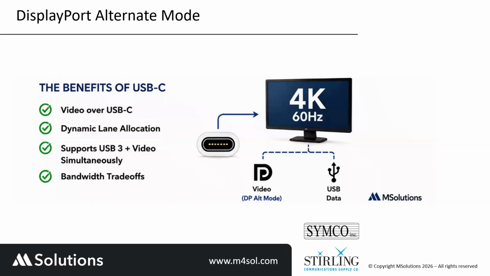This is not something where we can say the unit will be fixed only for high-speed data, or fixed only for high bandwidth video. The high-speed data and the video are sharing the same bus, and there is a compromise between both of them in order to have both at the same time.